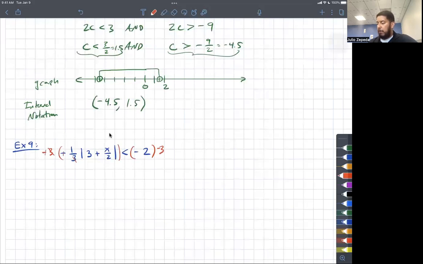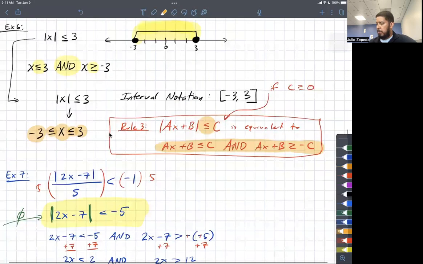And if you remember from a previous class, when you multiply an inequality by a negative, the inequality symbol needs to flip. So it was a less than, it now becomes greater than. We multiply negative 2 by negative 3, that's positive 6. And so now we have an inequality with a greater than symbol.